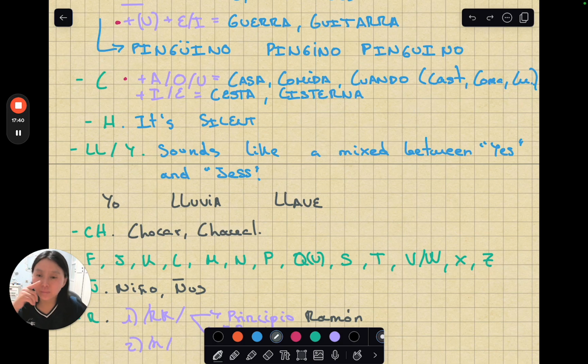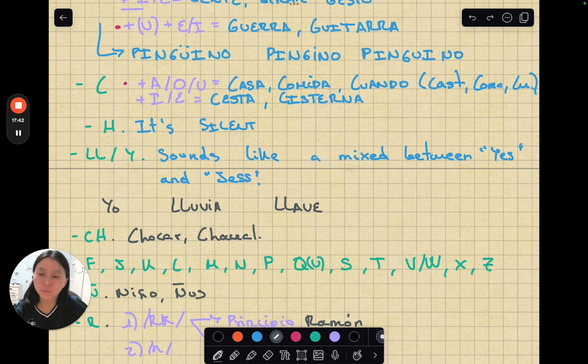So in Spanish, the same thing happens. Whenever the C is followed by A, O or U, it's a K sound. Casa, house, comida, food, cuando, when. And whenever it's followed by I or E, it's an S sound or a TH sound, depending on the accent. For example, I say TH, right?